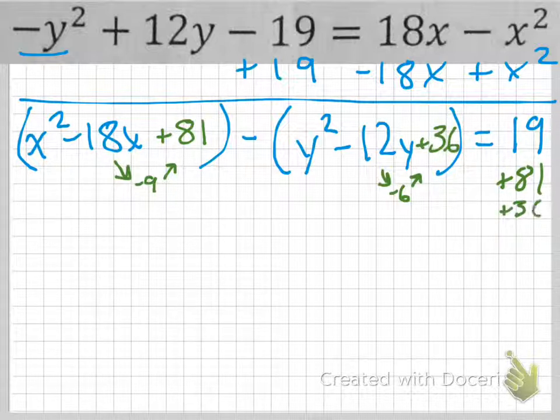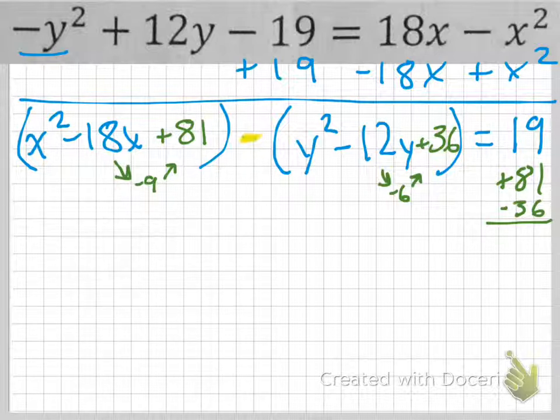And we're going to add that to the right side. But be careful, because we actually added a negative 36. So we need to make sure that we are adding a negative 36 to both sides and not a positive 36. Be mindful of that coefficient that's outside of the parentheses there.